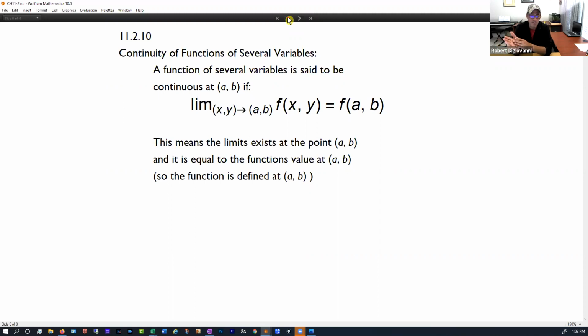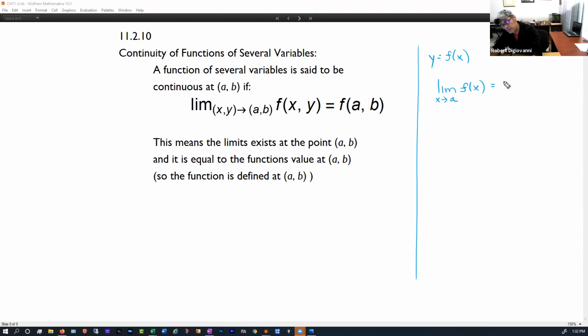So when it comes to continuity, back from Cal 1, I'll write the definition up here so you have it. Back in Cal 1, if you had a function f of x, the limit as x approaches a of f of x equals f of a, that's the definition of continuity. This is what it means to be continuous at a point x equals a.